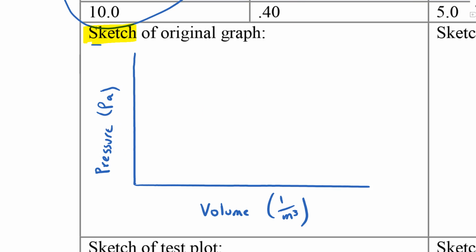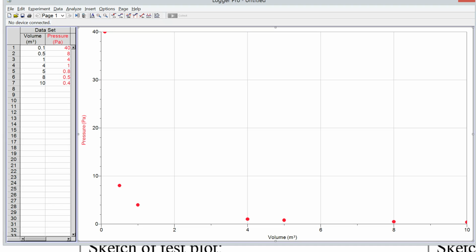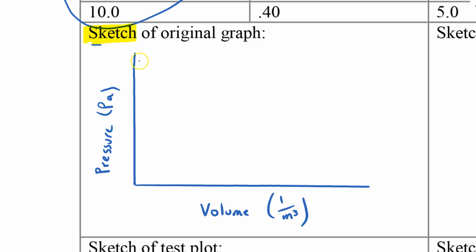So my sketch should look approximately like that. You'll notice I do have a point all the way up there, and it's got that nice curve, so I'll do an approximation of that curve. Notice I don't really need the numbers. I'll put a 0 there to show that that is the origin, but other than that, all I need is the general shape.